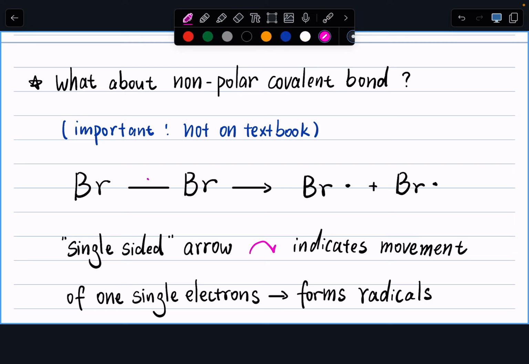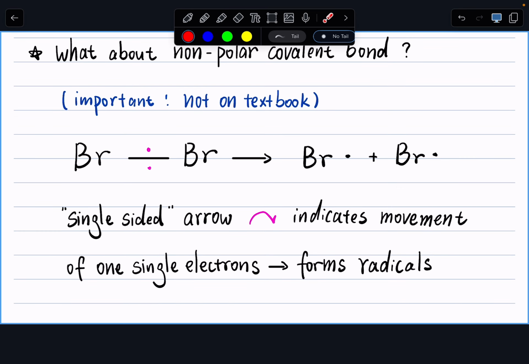In this case, originally, we have an electron pair in the bromine-bromine bond. What we're forming is, one of these electrons goes to the left bromine, the other goes to the right bromine. So we use a single-sided arrow like this to indicate the movement of one electron, and we're forming free radicals as our product.